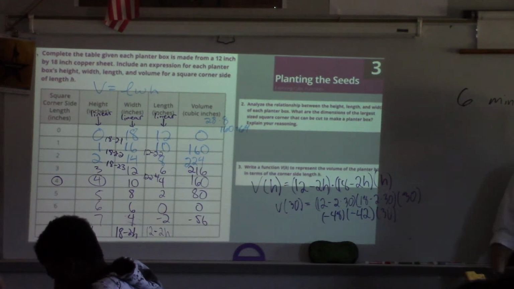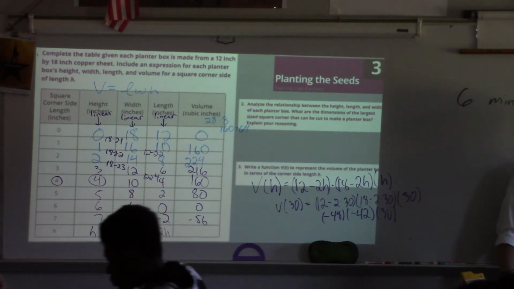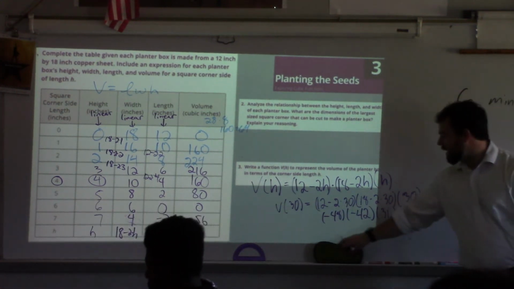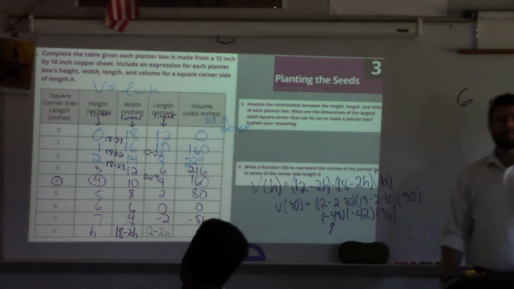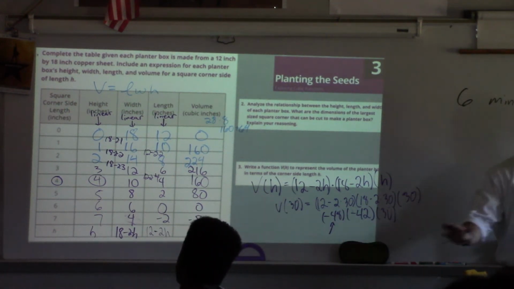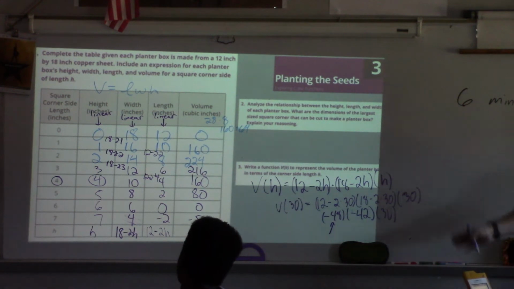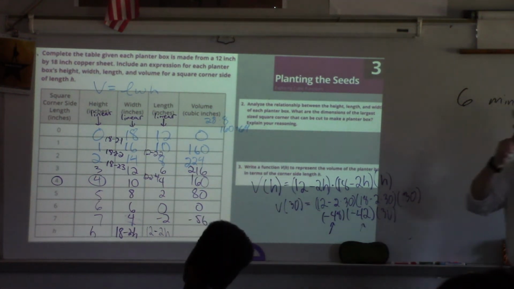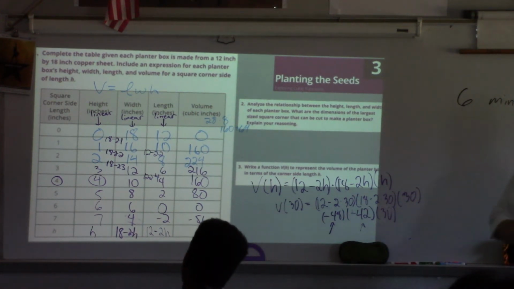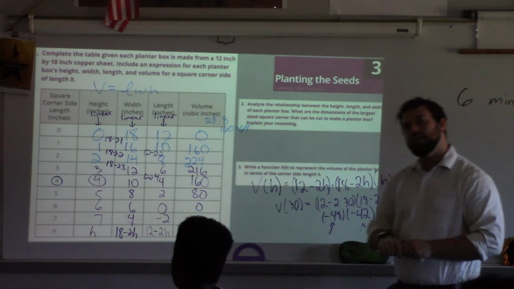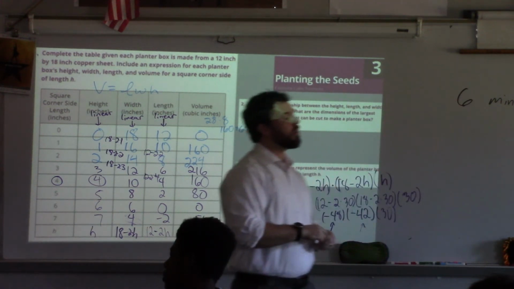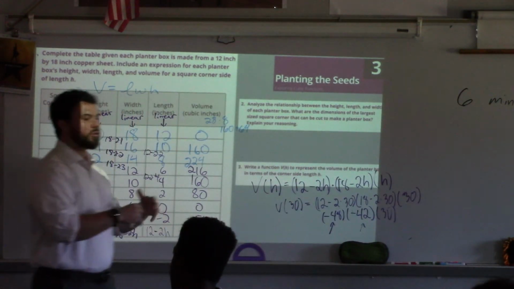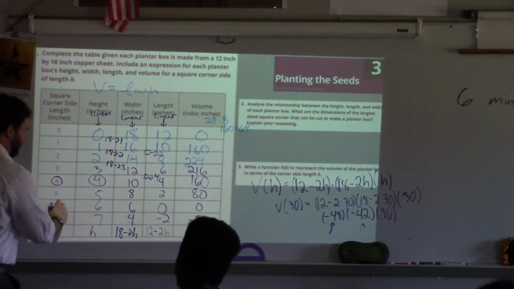Why not? Well, no, that's a really good box. Not just that, can my length be negative? Even though I'm getting a positive volume, can I have a negative length? Can I have a negative width? No. Wouldn't that just mean it doesn't have sides and it's actually just going into the ground, like a hole? Well, it has volume, but here's the thing, think about what we're doing: we're cutting squares.